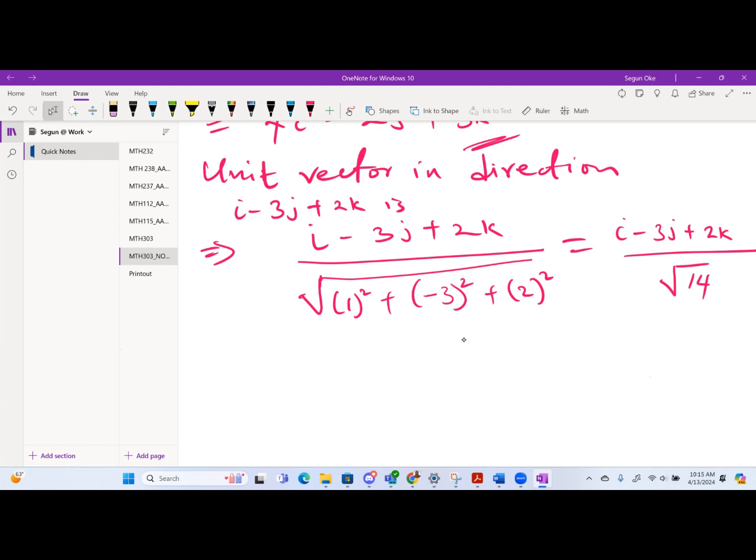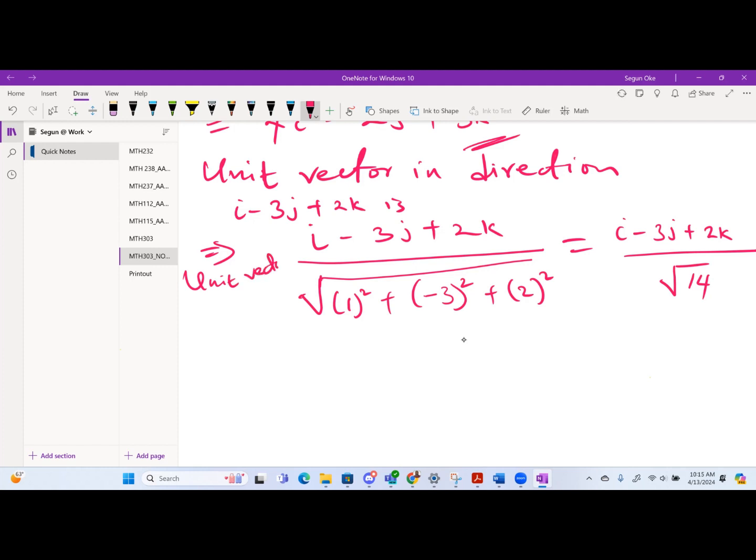Then we can now calculate the component. The component of velocity in the given direction is very simple. We know this unit vector.